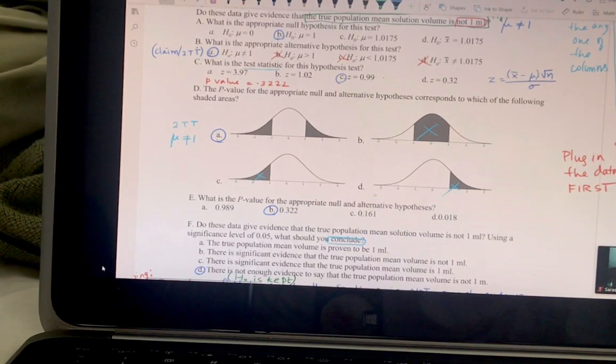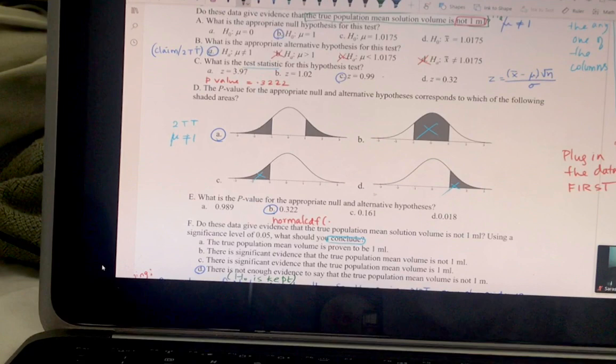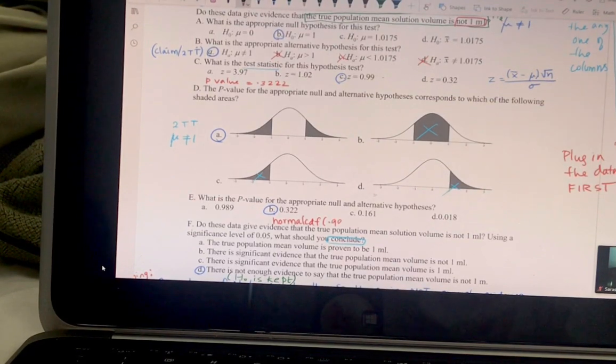Normal CDF, which is 0.99, comma 8, and do not forget to multiply it by 2 because it is a two-tailed test. It is the two-tailed test. Take your TI and plug it in.